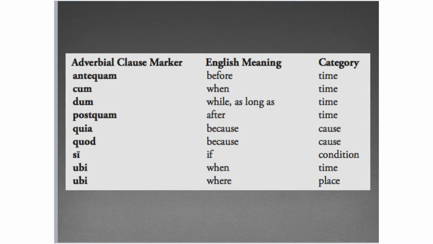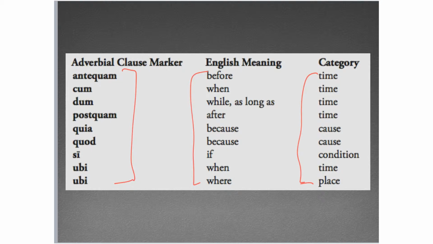All right, so here over on the left are kind of the words that introduce dependent clauses in Latin, all right? And so you can see their definitions here. And this is just vocab, so you just need to know this. And then the categories over here are useful, but not necessary to know. They're not necessarily going to help you if you don't know what the words mean.